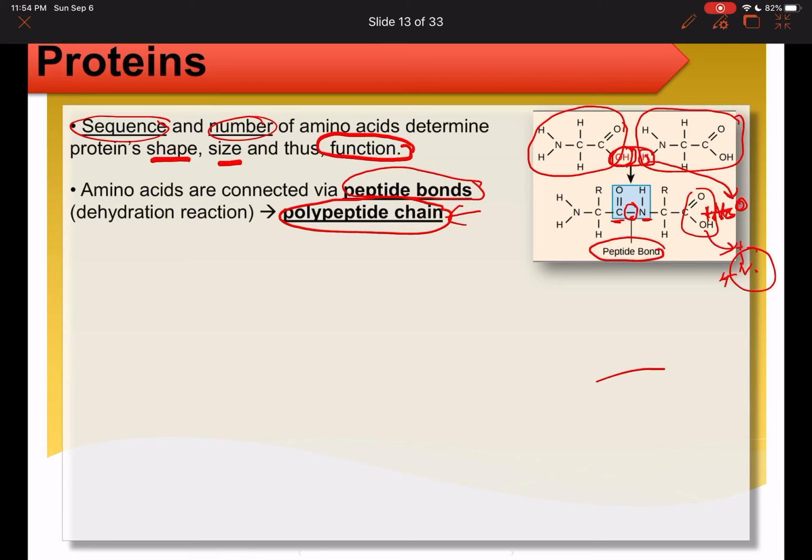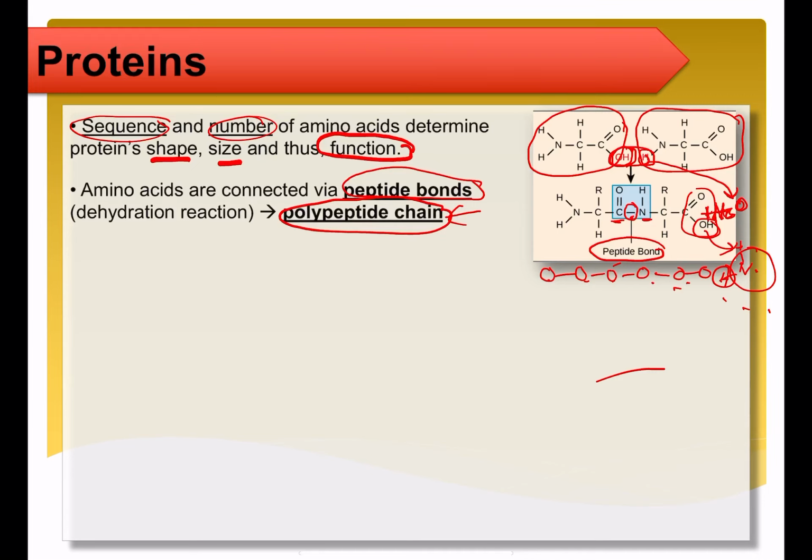And then the same process repeats, where this OH group and the H from the next amino acid will form a molecule of water in dehydration synthesis, form another peptide bond, and continue on and on until you have a whole linkage of polypeptide chain made up of many different amino acids in linear sequence. Now, don't forget that formation of bonds is achieved by dehydration synthesis, okay?